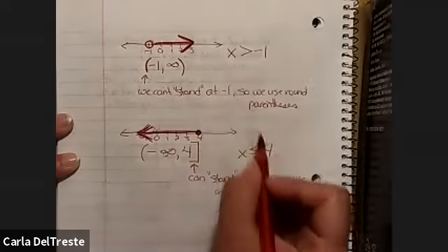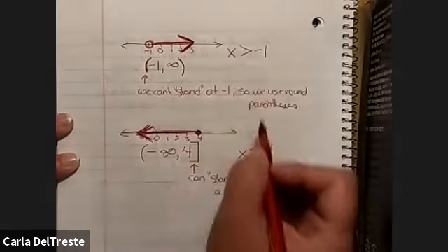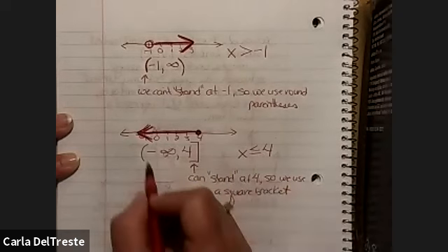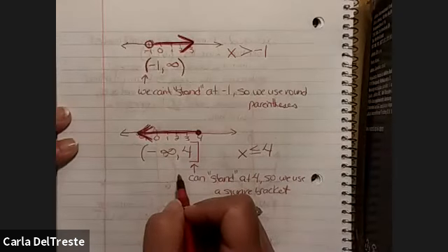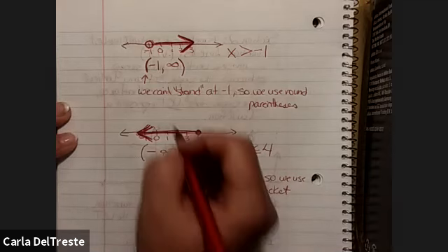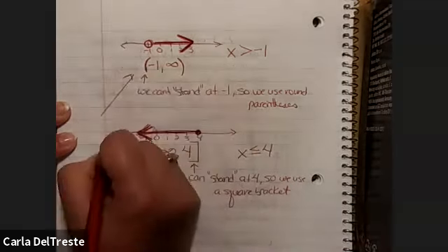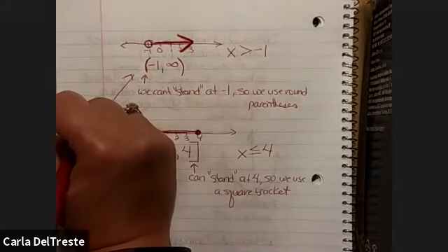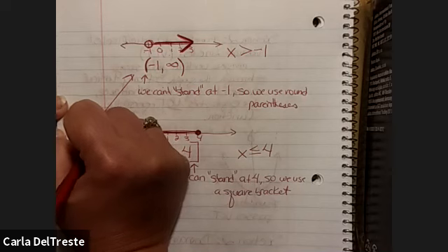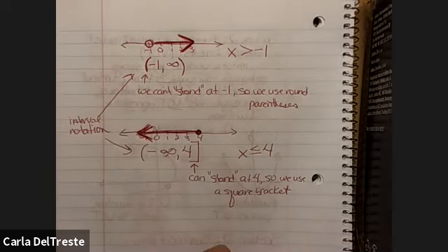Again, I find that more students make mistakes with the less than greater than notation, so this usually is a little bit easier because you're more descriptive of the interval. So these are two examples of what is called interval notation. And this is what we're going to use to describe domain and range, okay?